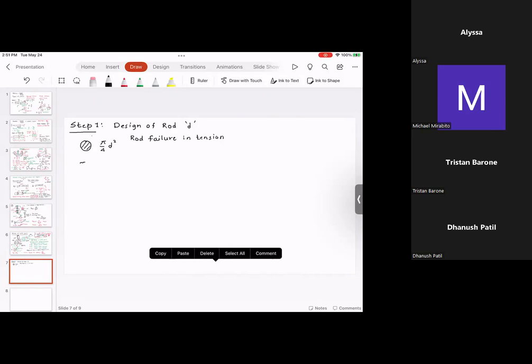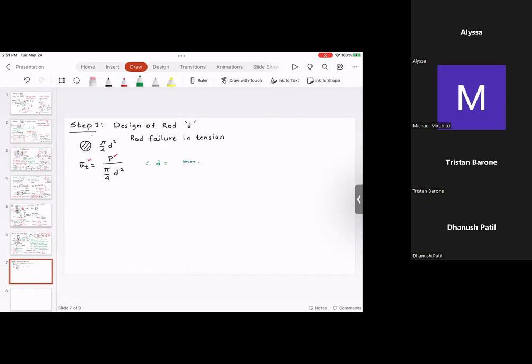So what we have is sigma t is equal to P divided by pi by 4 d square. Now please understand, the value of P is given to us. The value of sigma t is known from the design data book. Then the only unknown here is d, which would be in millimeters.